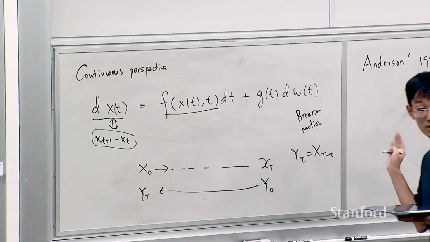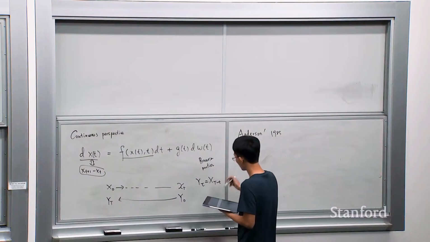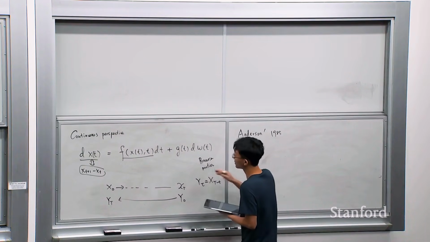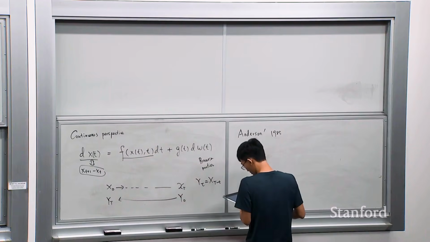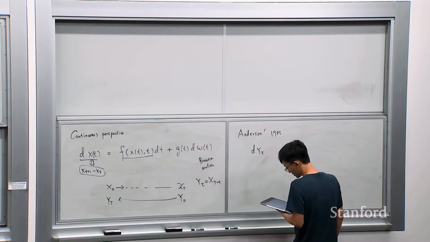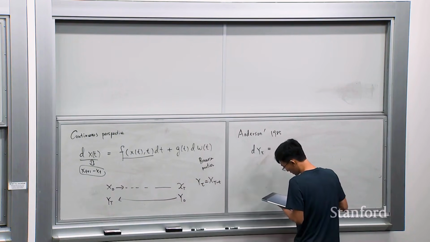That's my definition of y. I change the order and change the time direction. So I think this Anderson et al. says that if this is the forward process, then if you look at the stochastic process for dy_tau, it equals this.